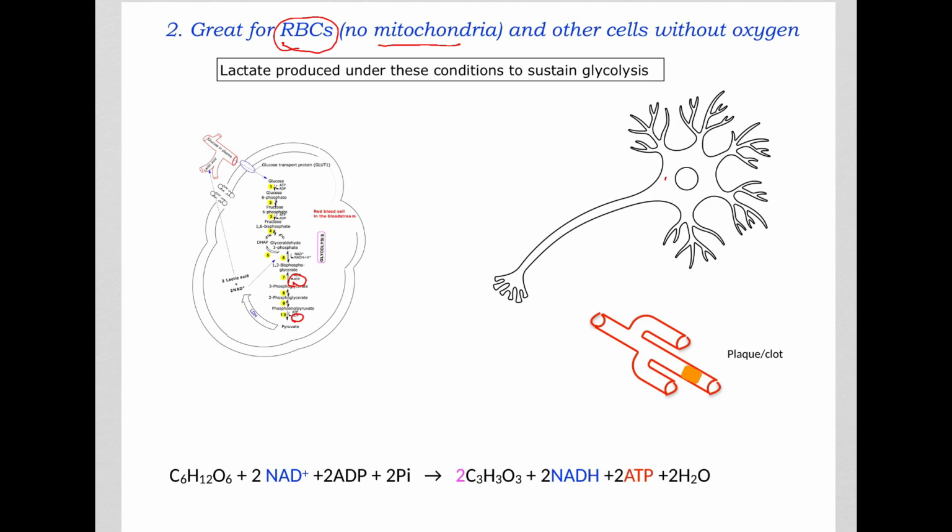For example, if this neuron here had its blood supply blocked because of some sort of a plaque or a clot, there is no oxygen reaching the cell. So although the cell has mitochondria, there is no oxygen. This cell will use glycolysis to generate its energy so that it can survive for some time.